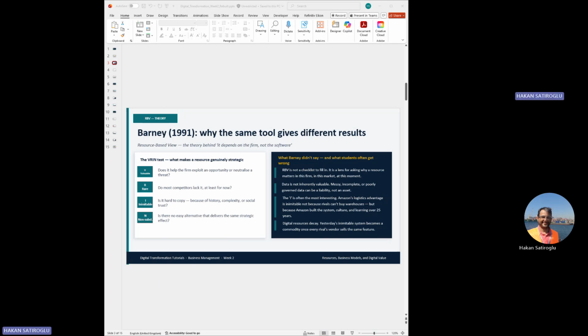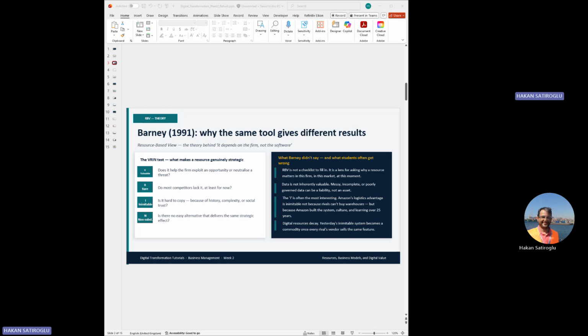And the last one: is there any easy substitute that gives rivals the same result? If you answer yes to all of them, or no to all of them, you start to build whether you can create value out of that technology. This framework comes from Barney in 1991.